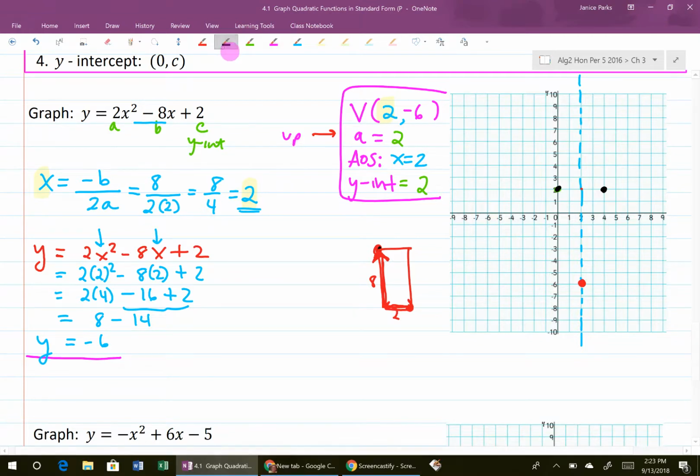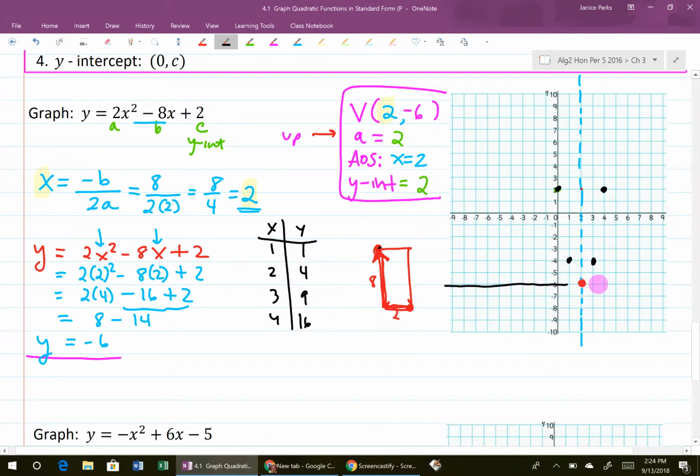I want to plot a few other points now. So again, because a is 2, we're going to go right 1 and up 1 squared times 2. Over 2, 2 squared times 2, that's 8. And if I was going to go over 3, remember, these are your normal y values. Okay, and then we're starting again.